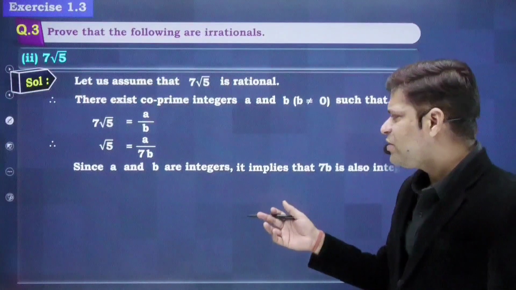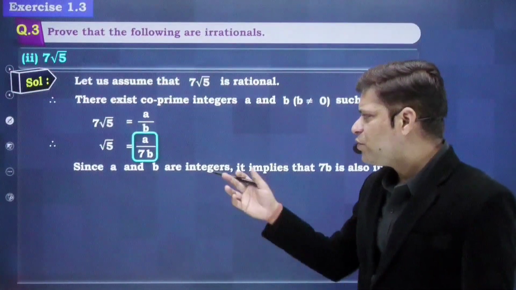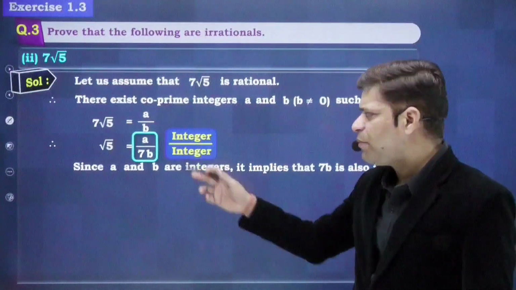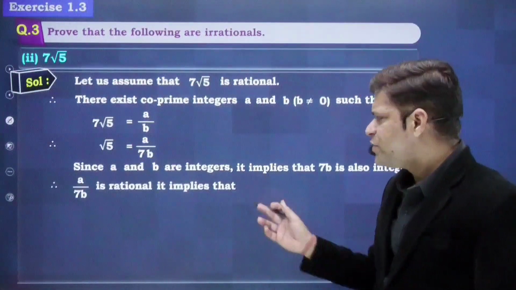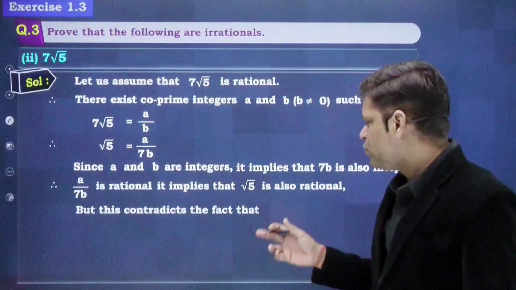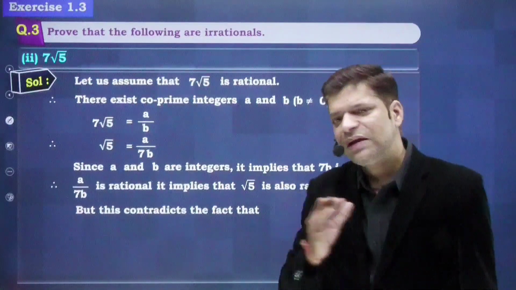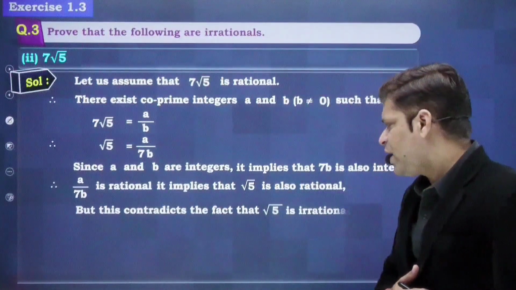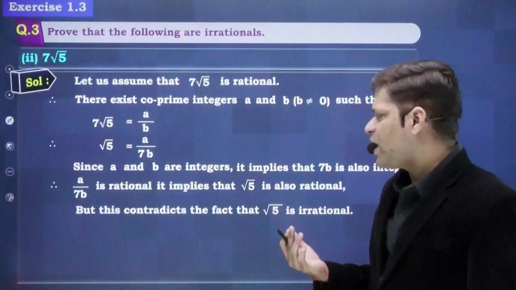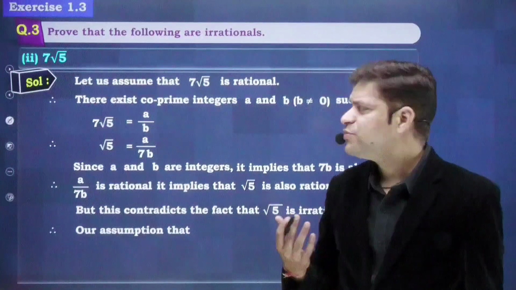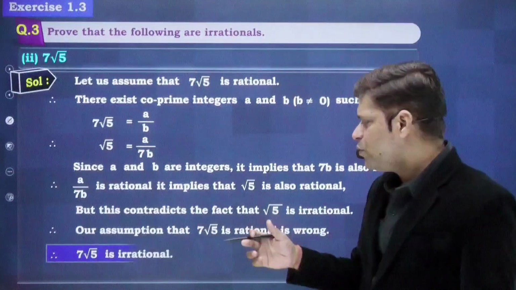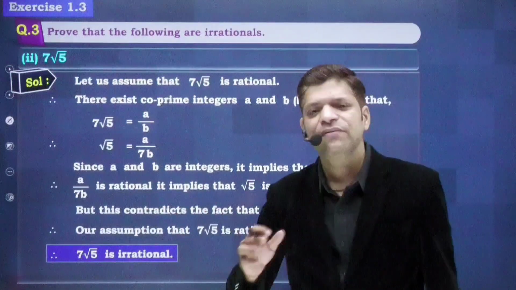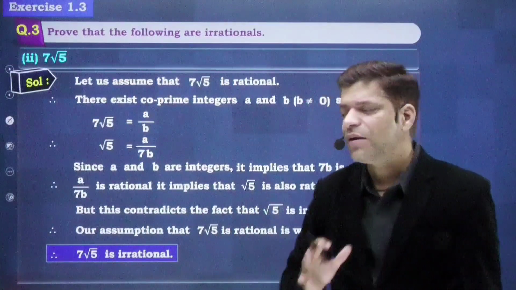Now we can see that a and b are integers, so it implies integer upon integer, so this is a rational number. Which implies that root 5 is also a rational number, but this contradicts our fact that root 5 is irrational. So finally our assumption is wrong, that is, 7 root 5 is a rational number is wrong. So finally 7 root 5 is an irrational number.